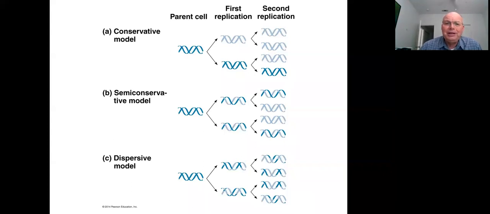Well, it turns out that the DNA molecule itself would provide the solution, and it was in the form of those nitrogenous bases. They contain nitrogen, and it turns out that nitrogen atoms exist as two isotopes. Nitrogen-14, which is by far the most common form of nitrogen, but a slightly heavier isotope also exists called nitrogen-15.